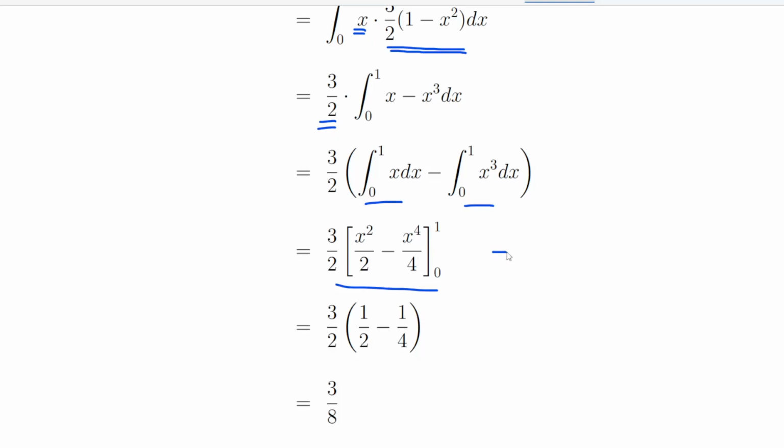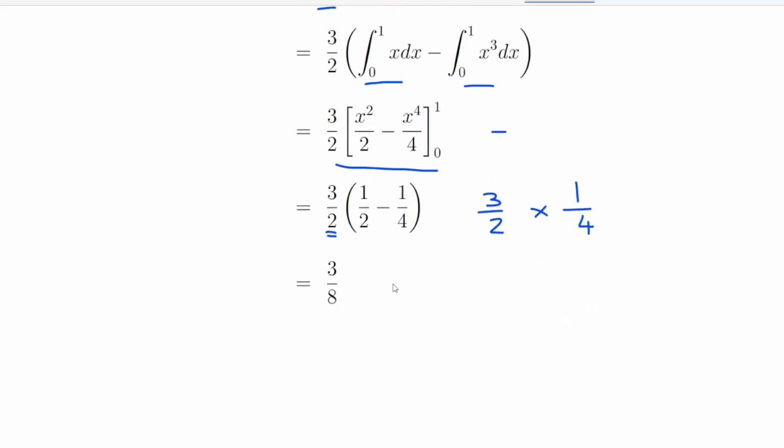And when we evaluate that at 0, this works out to be 0, so we can disregard that. That's our constant that precedes the integral. So 3 over 2 times 1 half minus 1 quarter, that is 3 over 2 times 1 quarter. That means our expected value is 3 over 8. So that's part B.